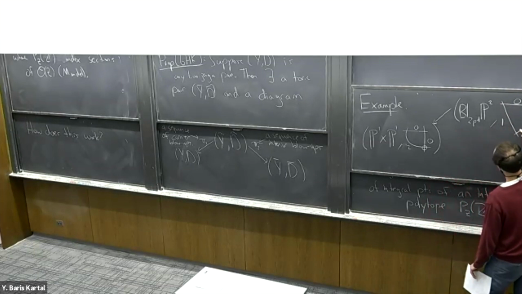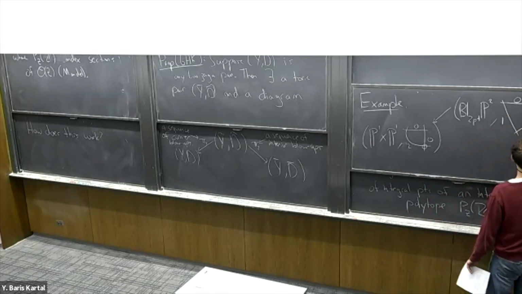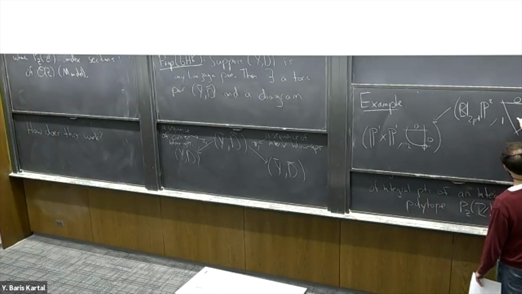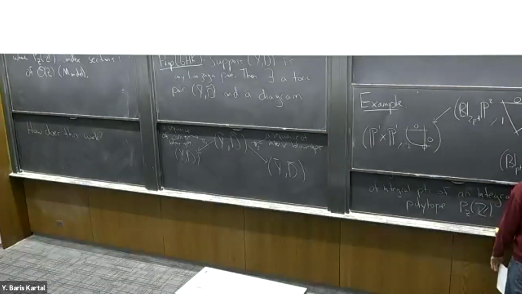Now, if you think about it carefully, there's an exceptional curve that dangles off of this in the interior, and I can blow that down. This I can relate to the blow up at a point of P2 with its toric divisor, which has intersection numbers like this.